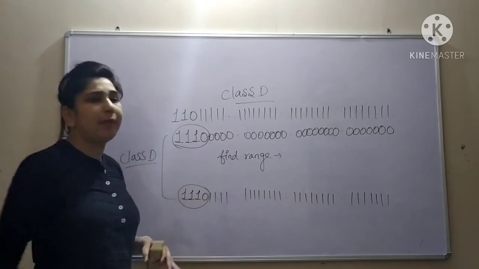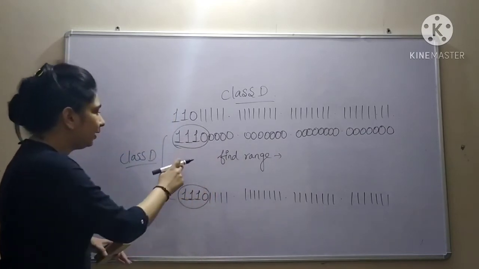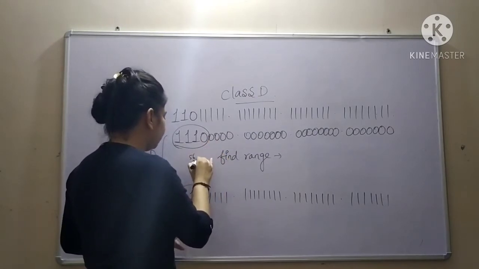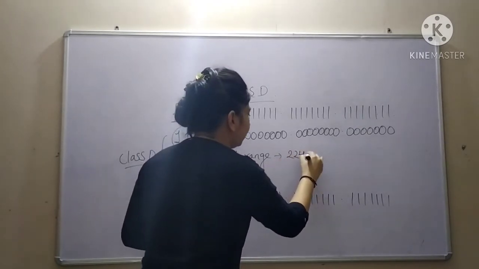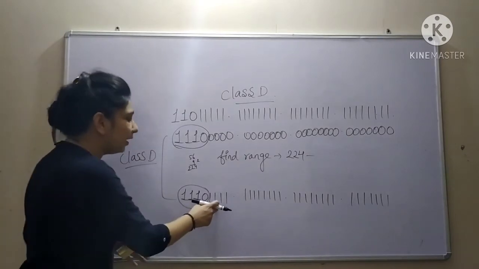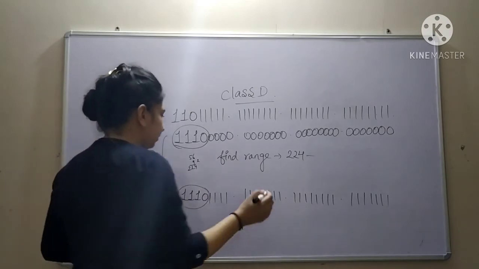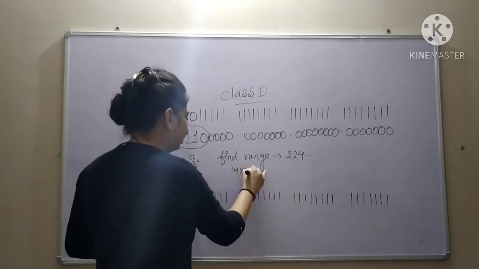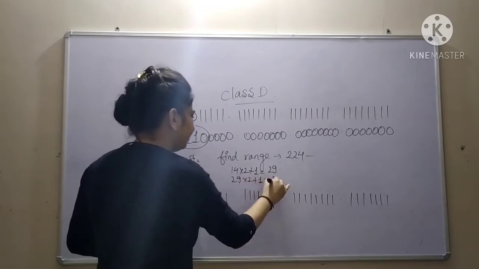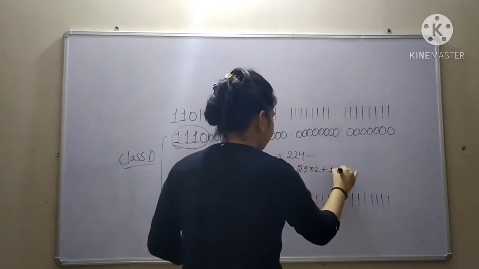If you convert it into decimal, the starting value is 128 plus 64 plus 32, which is 224. For the last IP address, the value is 7 into 2, 14. 14 into 2 plus 1, 29. 29 into 2 plus 1, 59. 59 into 2 plus 1, 119.